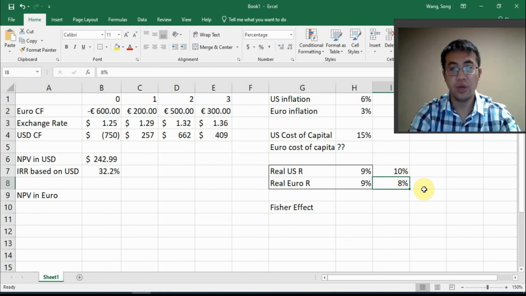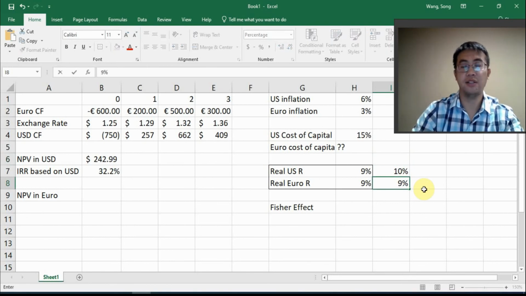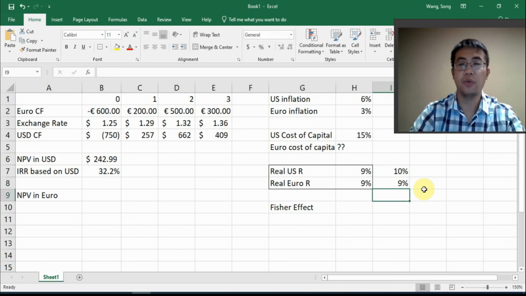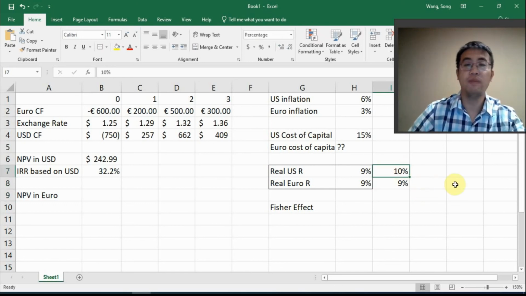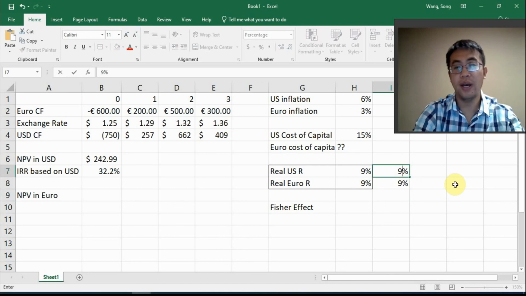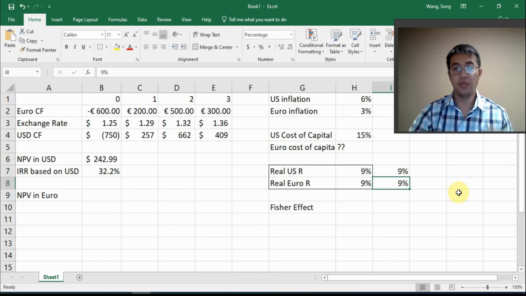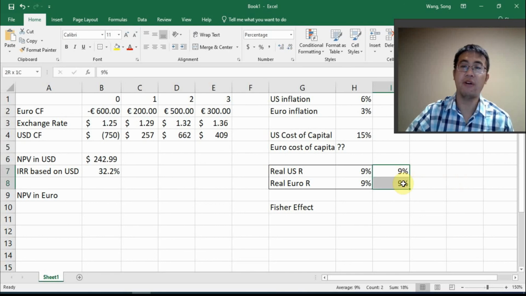Then the interest rate would increase, since there is less supply of capital in the Eurozone. If there is too much supply of money in the US, then the US rate would go down, just like what's happening with quantitative easing: there's too much money floating around, so the interest rate gets lower. Eventually this would converge.